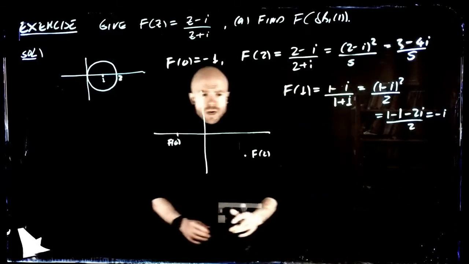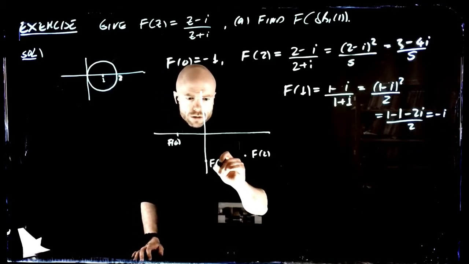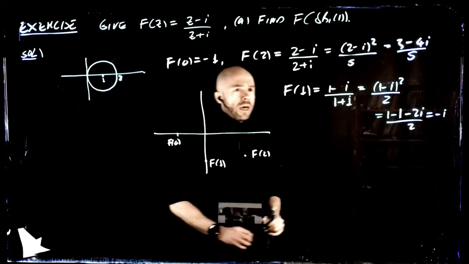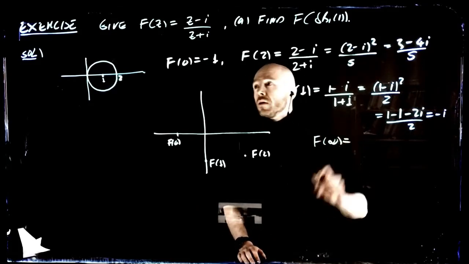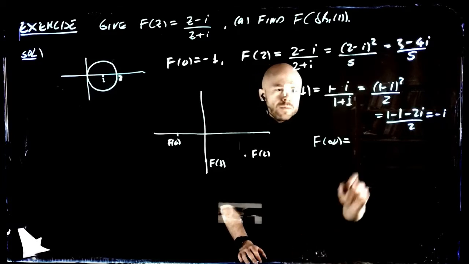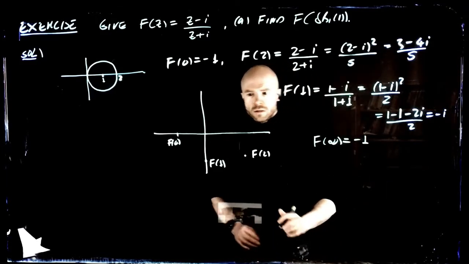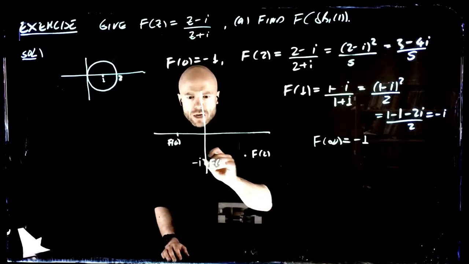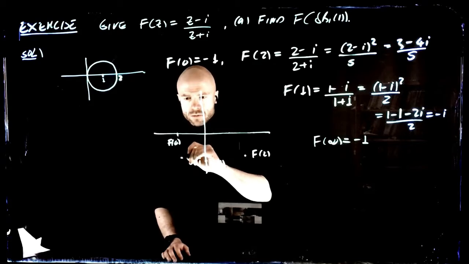So f of 1 is minus I, which is here. And f of infinity is what? That is just minus 1, like this. So this is minus I, and then this is minus 1.